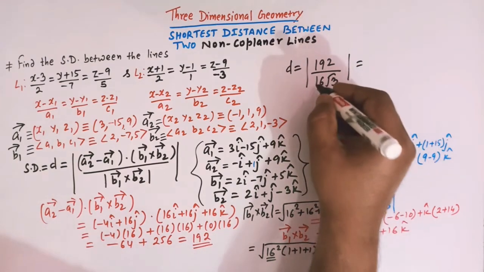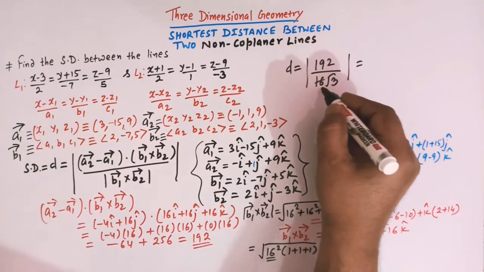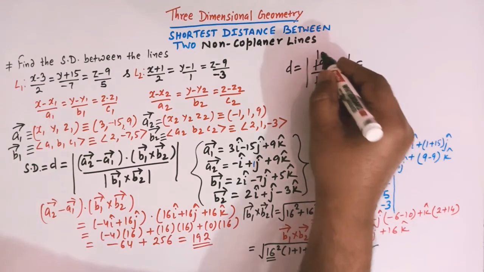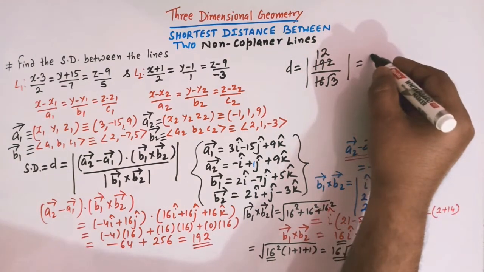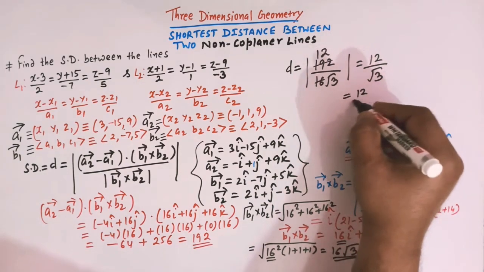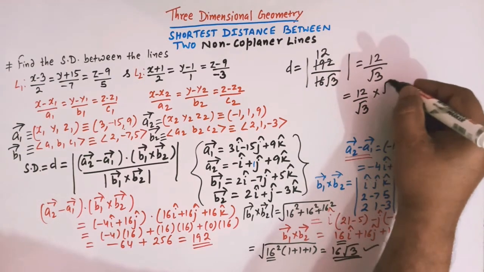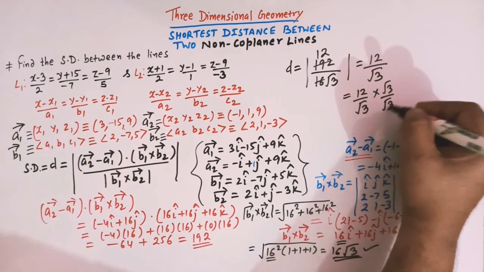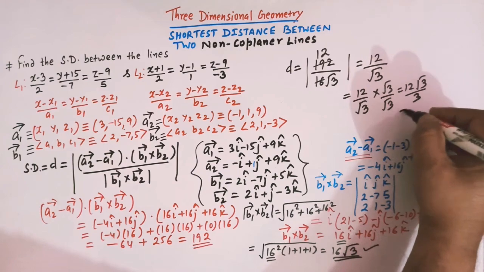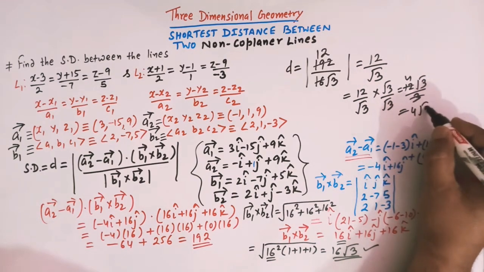If we cancel 192 with 16, we get 12 over square root of 3, which can also be written as 12 over square root of 3 times root 3 over root 3, that is 12 root 3 over 3, and 3 fours are 12, so we have 4 root 3.